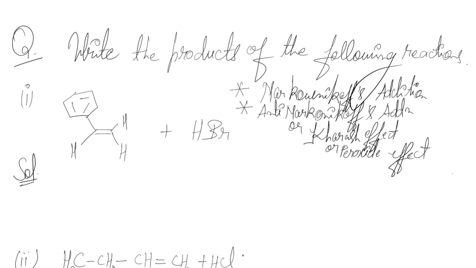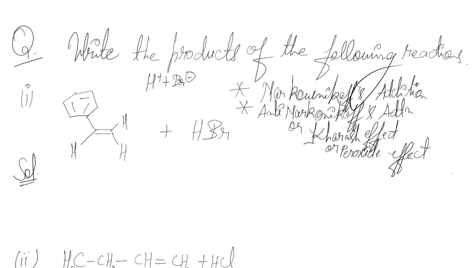First of all, let's recall what we studied in the Markownikoff addition, the electrophilic mechanism. Markownikoff addition talks about how HBr, HCl or HI will react with the alkene. These have a positive part, H plus, and a negative part, Br negative.